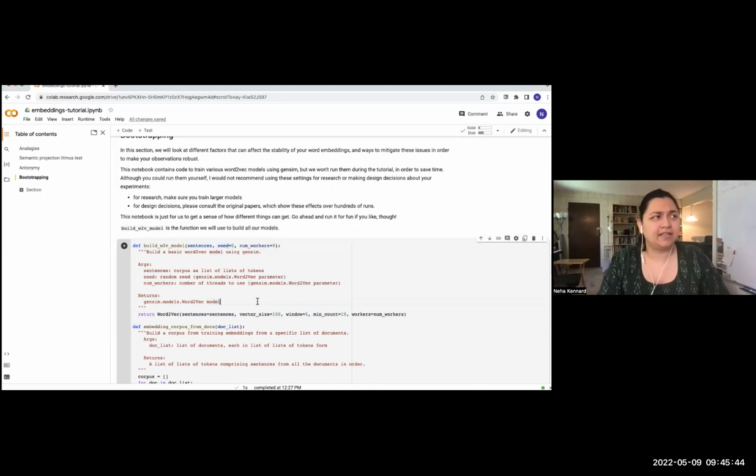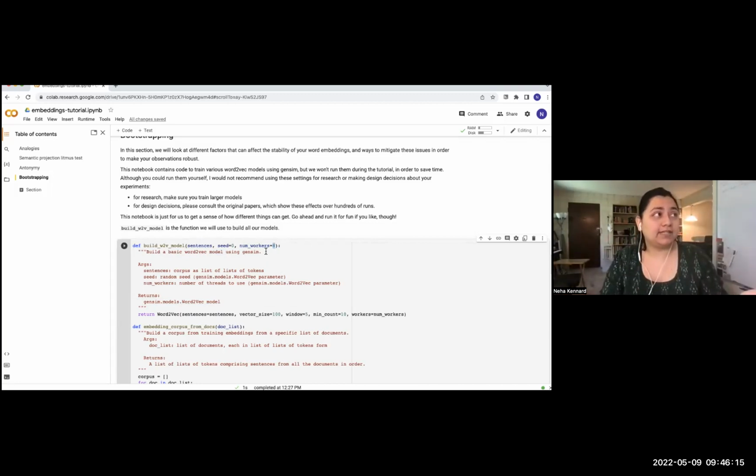But I want to mention that there are 2 obvious ways that you can get random results with Gensim. One is by setting the random seed, and one is by the fact that num workers is greater than 1. Setting num workers to 1 will give you deterministic results, which is nice if you want everything to be super reproducible. But it takes much longer to run. So that's the trade-off that you're making.